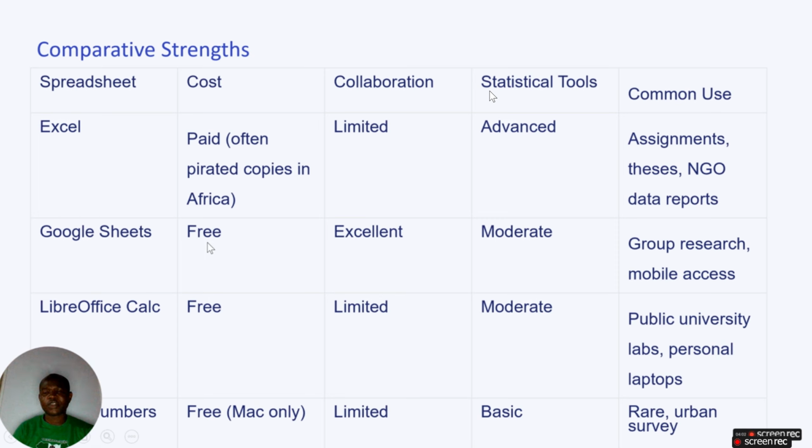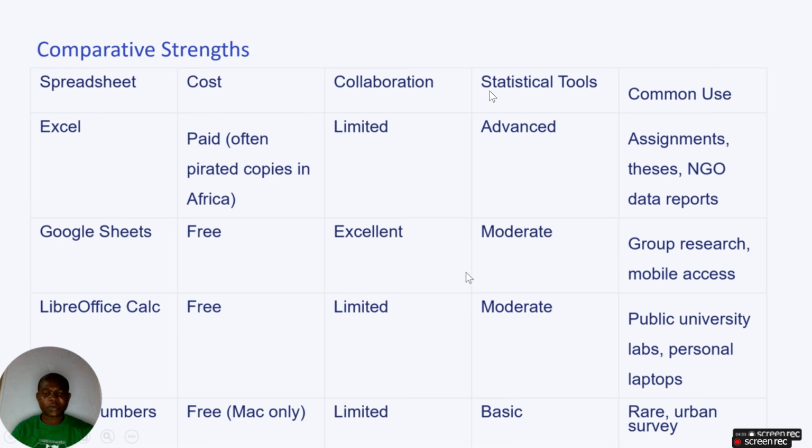Google Sheets is free, just like LibreOffice Calc is also free, but Google Sheets is an excellent software for collaboration because it is stored in the cloud and several individuals can work together to make certain progress with respect to a particular project.